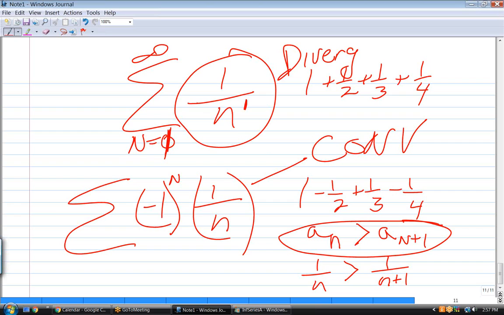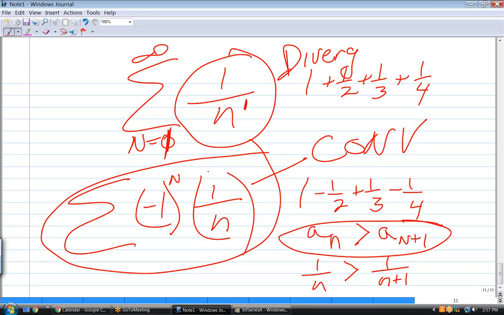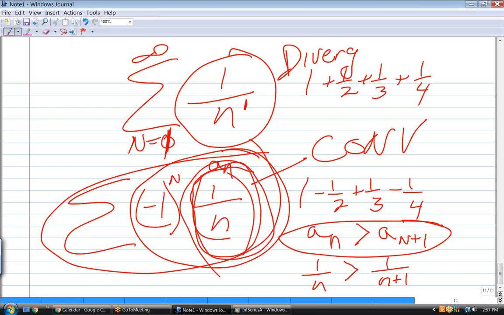But in the alternating series, notice that there is no p. It's the nth term of the series, and this is a sub n right here. A sub n is the part exclusive of the minus 1 to the n. So that's really the difference between alternating, and that's the best illustration because it's the same series, only alternating, and one is convergent and one is divergent.